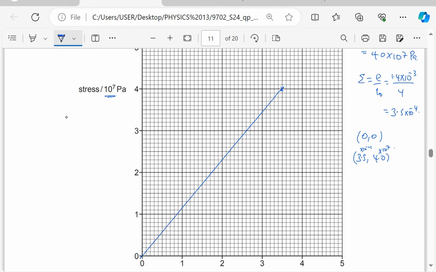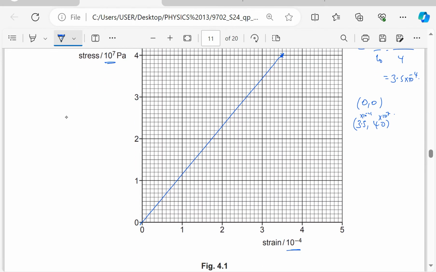Yeah, so that will be my graph. Stress is directly proportional to strain, so it will be a straight line. And the proportionality limit is going to be at that point. So I will stop at 3.5 against 4.